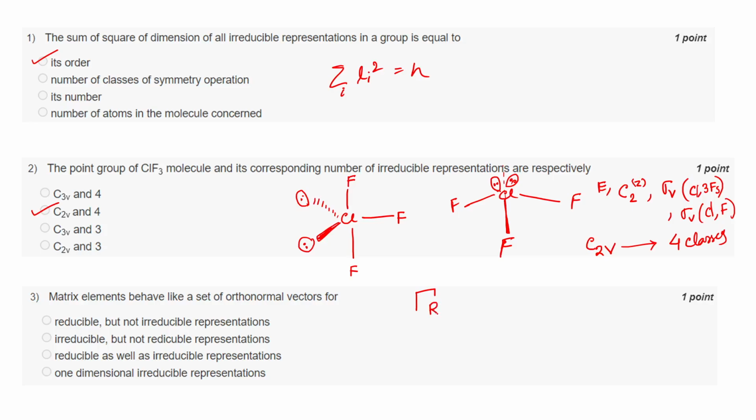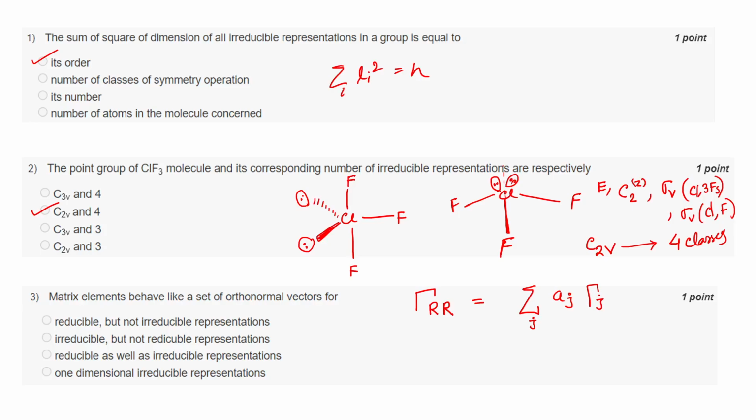Suppose this is a reducible representation. I can write it in terms of a_j times gamma_j, the irreducible representations.